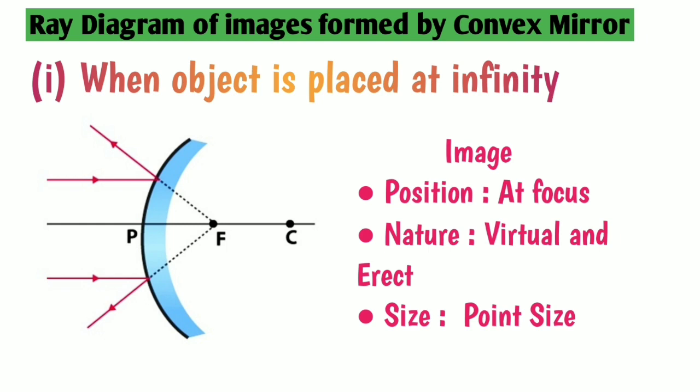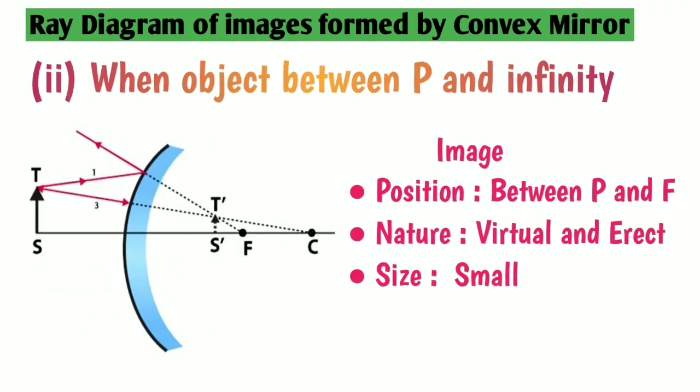So where will the image be formed? If we draw the backward lines, then it looks like it diverges from the focus point. So at the focus point the image will be formed. So the position of the image is focus, nature virtual and erect, and the size is point size.